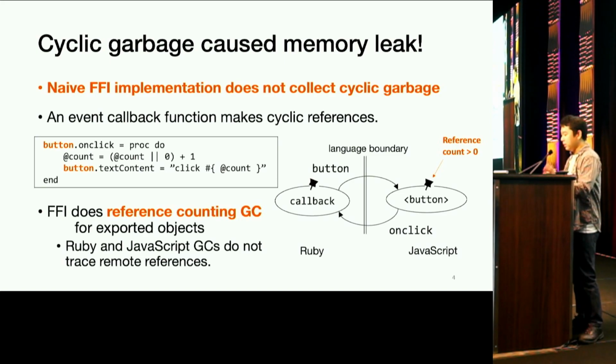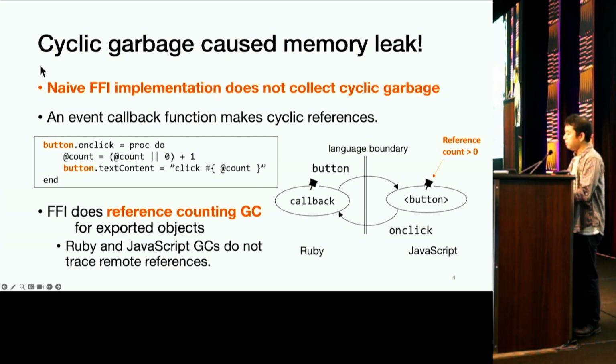This callback function is written in Ruby, and it refers to the button HTML element colored orange. And the button HTML element refers to this Ruby function. So there is a cycle. A naive FFI implementation does reference counting garbage collection because Ruby and JavaScript garbage collectors do not trace remote references.